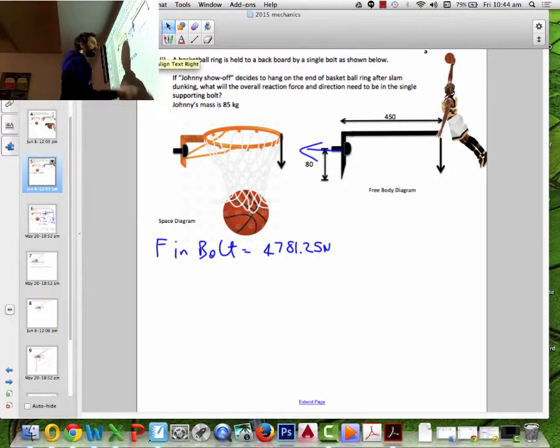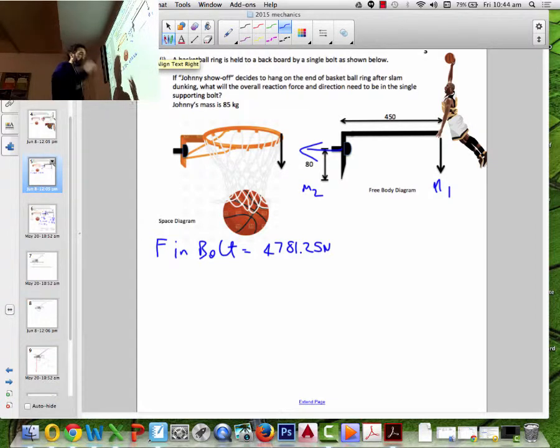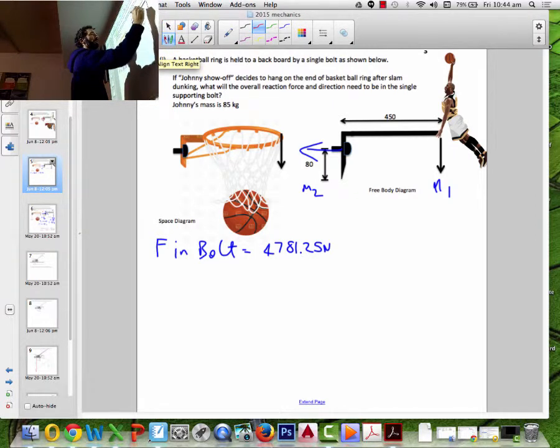That is what is in the bolt to stop the moment, moment 1 and moment 2. The overall force in the bolt must also hold them up. There is 850 going down. Hence, there must be 850 going up to balance it.